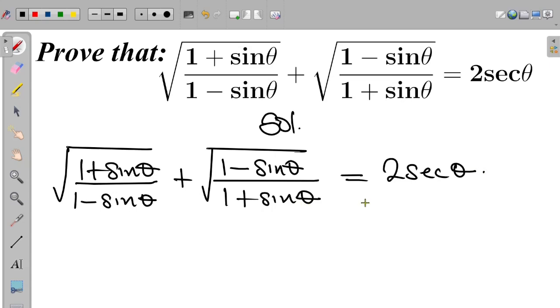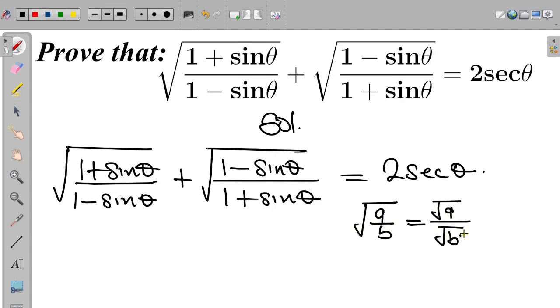Now, first of all, we have to simplify the left-hand side. Recall that if I have root of a divided by b, this can be expressed as root a divided by root b.